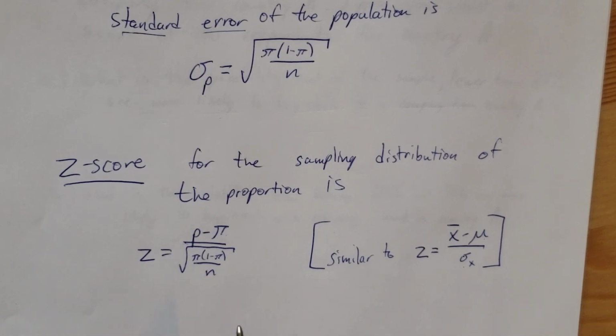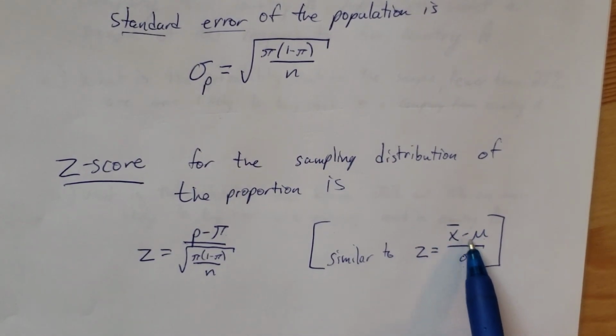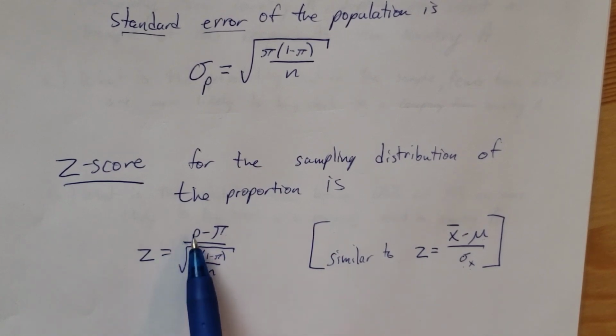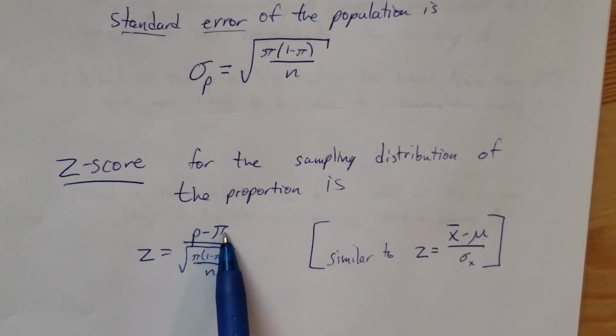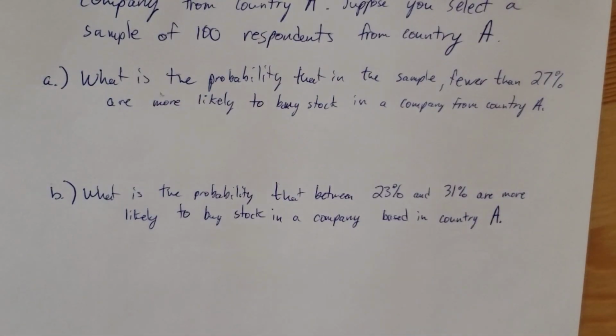This is actually very similar to how we've calculated the z-score previously, where that formula was the sample mean minus the population mean over the standard deviation, or the standard error. Well, that's exactly what happened here. The proportion minus the population proportion divided by the standard error. All right, and those are the 3 formulas we'll need to use.